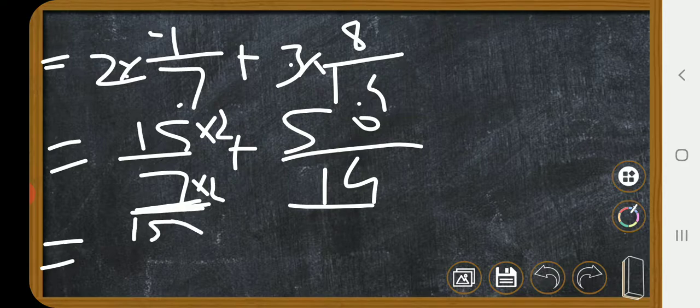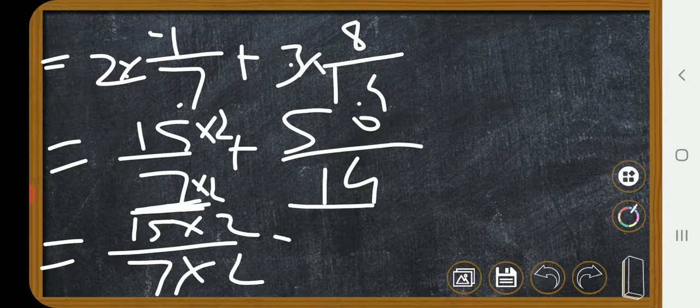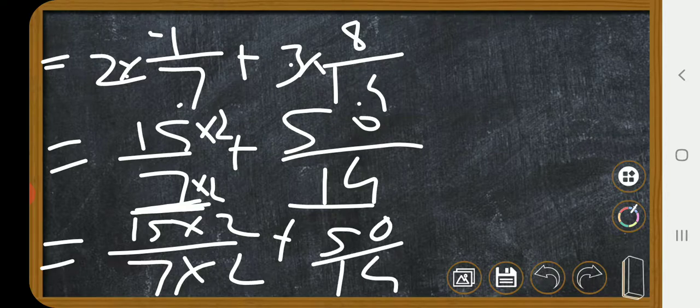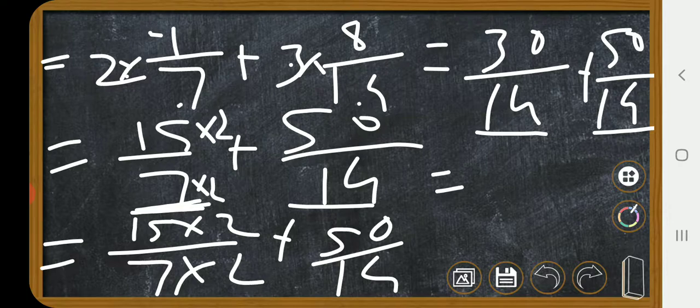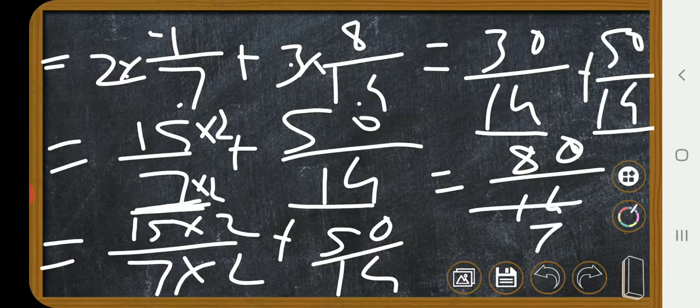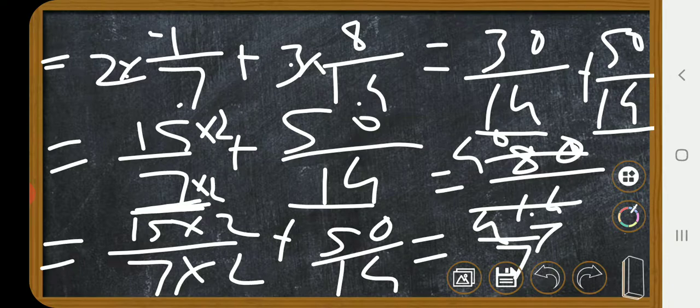So 15 multiplied by 2 is 30, and 7 multiplied by 2 is 14, so this is 30 by 14 and the other is 50 by 14. The denominator has become the same. Now we can do the addition. 30 plus 50, how much? 80, 80 by 14. Now we can simplify this: 2 7s are 14, 2 4s are 8, 2 2s are... so 40 by 7.